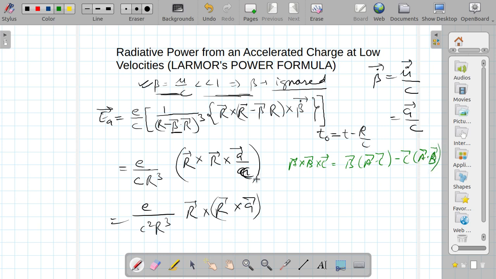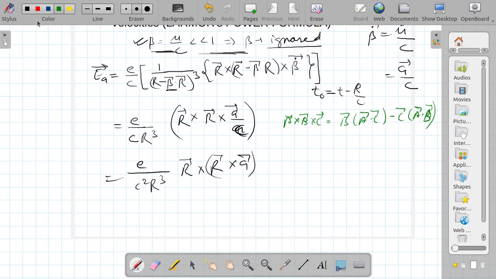Using this, it can be expressed as E upon c square R cube, times (R dot a) R minus a (R dot R).